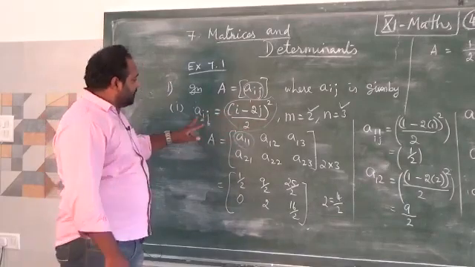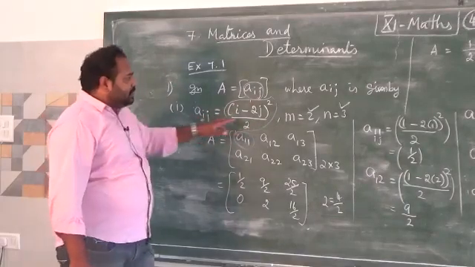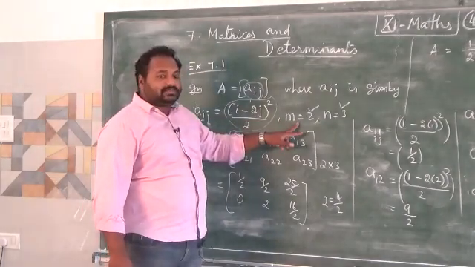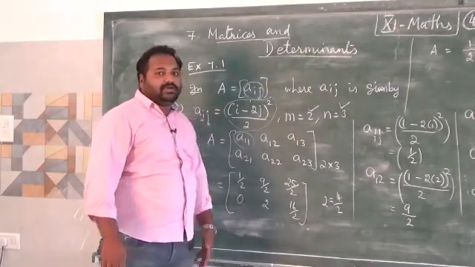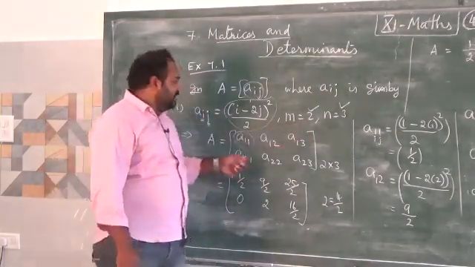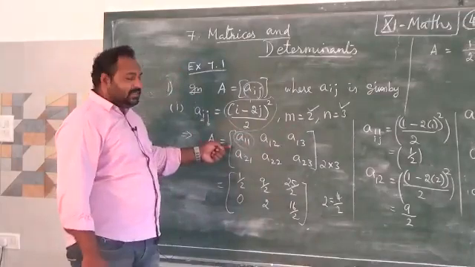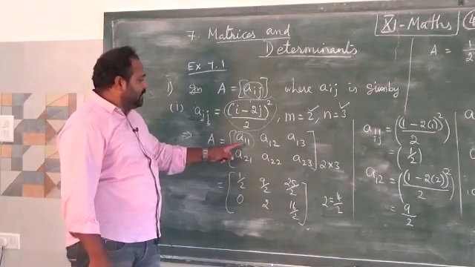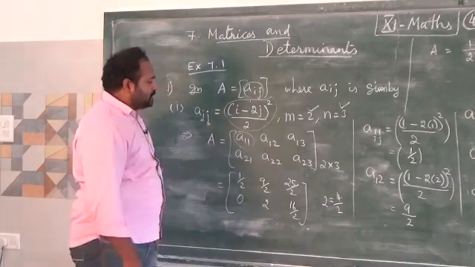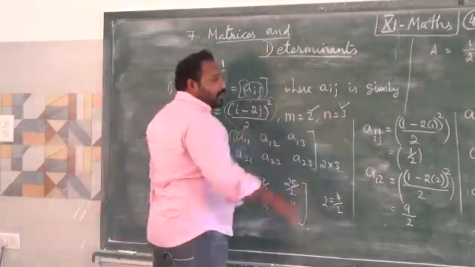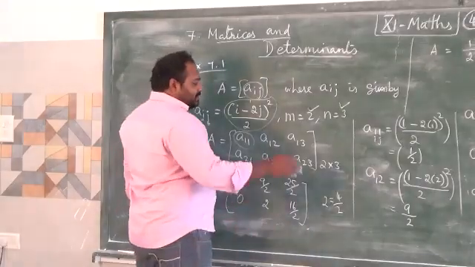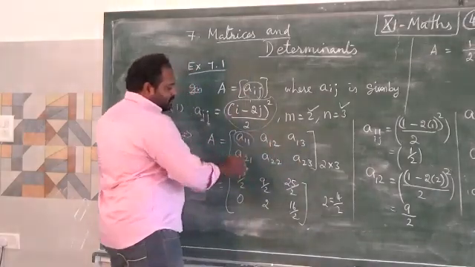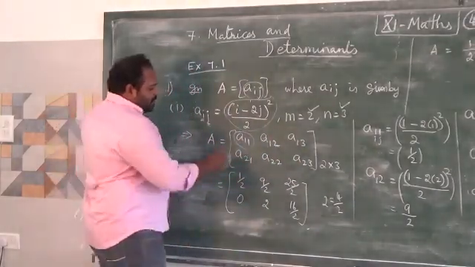This is the general form: A11, A12, A13, up to A1n, but we need only 3 columns, so we can stop here.